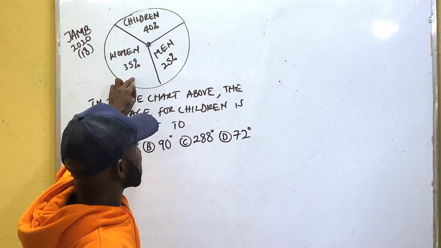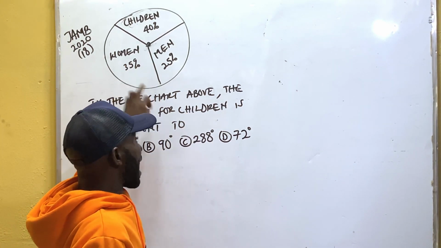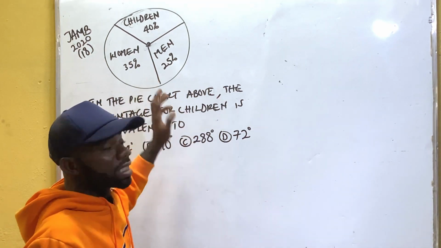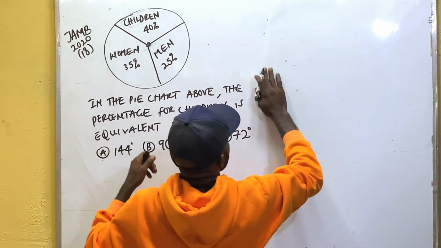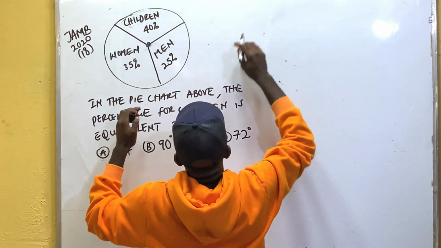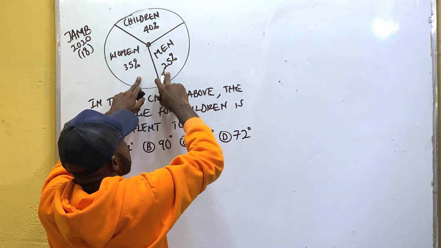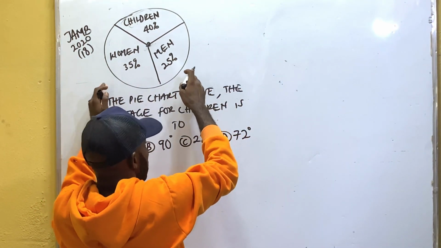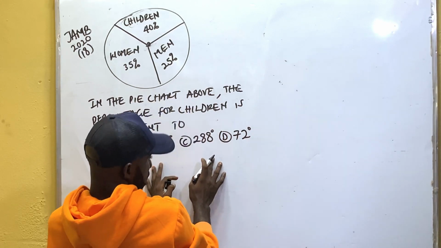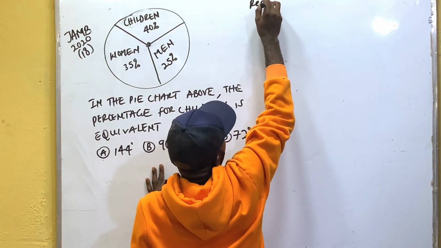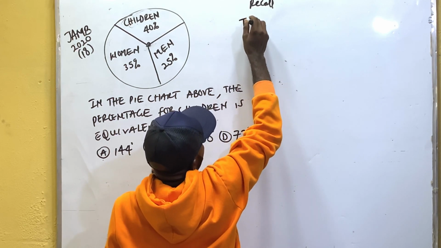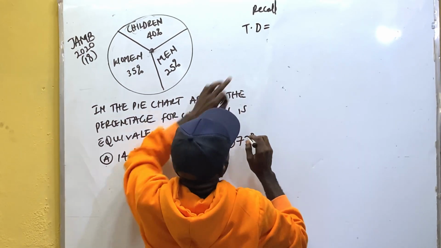In this question, I can see that it is percentage and degree that examiner wants me to combine. Percentage and degree. That means I'm going to consider total percentage against partial percentage, total degree against partial degree. You recall in that case that, please, TD means total degree.